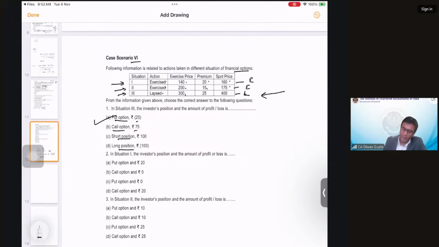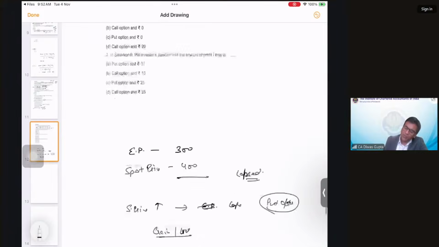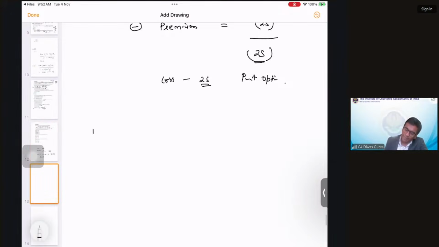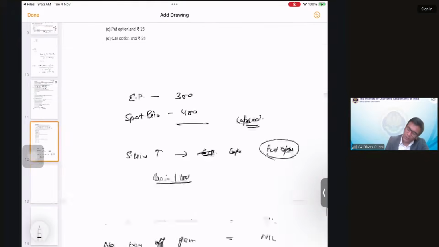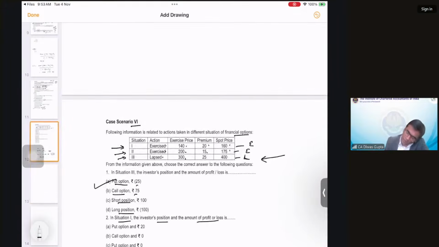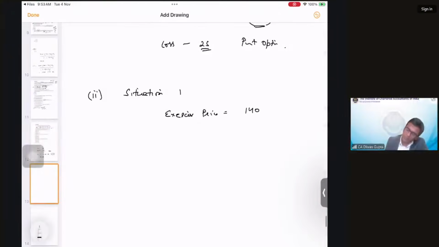The second part: in situation 1, the investor's position and the amount of profit or loss is. Now in situation 1, let's see. Exercise price was 140 and it was exercised, premium 20 and spot price 160.